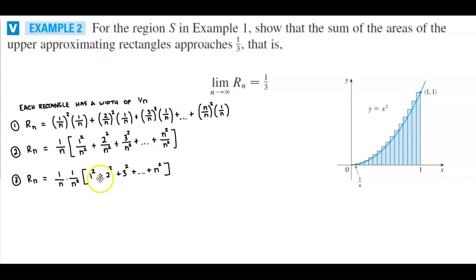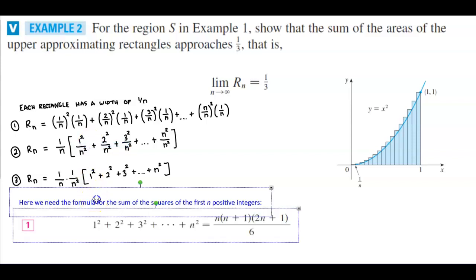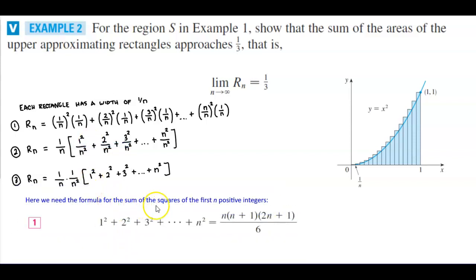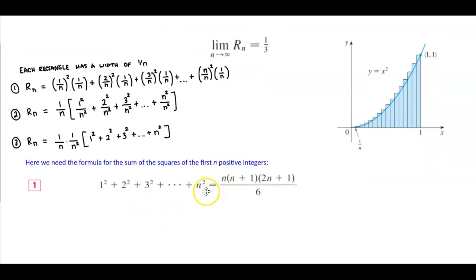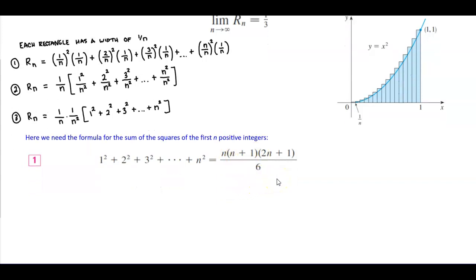Okay, so at this point, this 1 squared plus 2 squared plus 3 squared plus n squared is a definition from the past here. And so I'm going to pull that up here. Here we need the formula for the sum of the squares of the first n positive integers. So we're going to replace this with n times n plus 1 times 2n plus 1 over 6. So what we're going to do now is take R subscript n, we're going to multiply 1/n times 1/n squared, which is 1/n cubed.